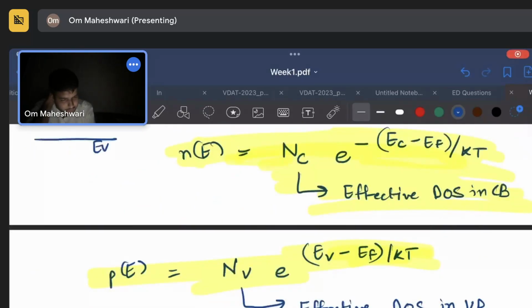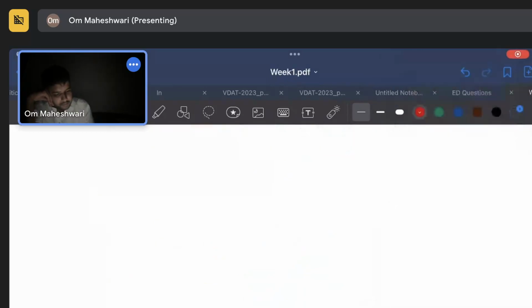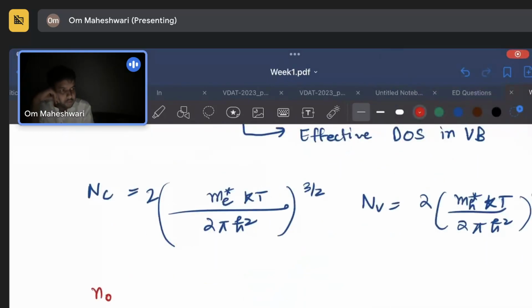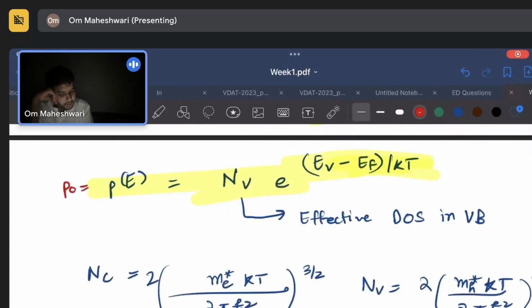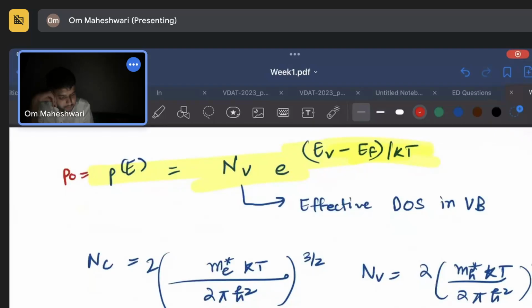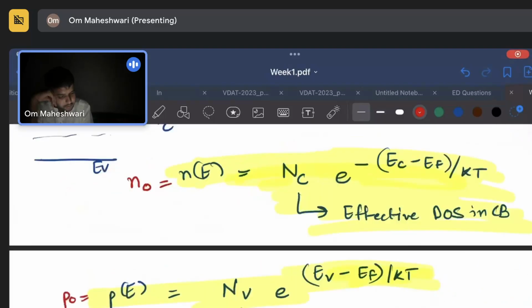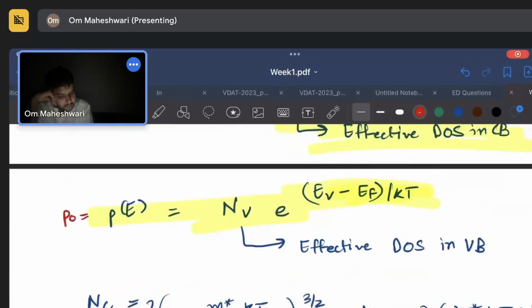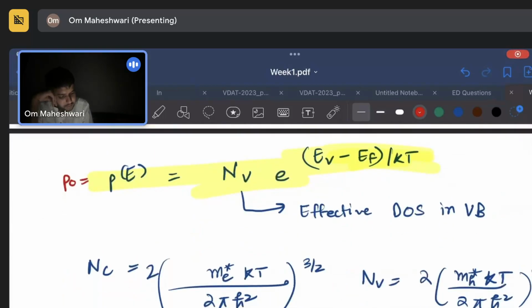So let me call it the intrinsic carrier concentration, right? n0 equals this, p0 equals this. If we do n0 times p0, n0 p0 equals Nc Nv e to the power minus Ec plus Ef, and plus Ev minus Ef by kT.